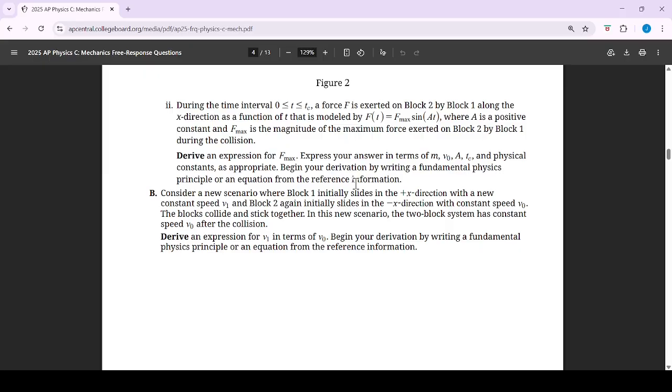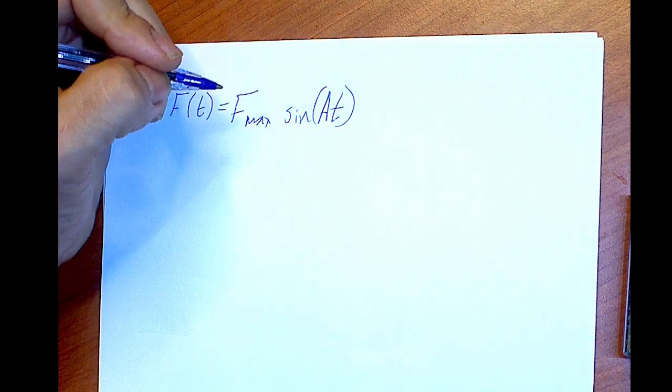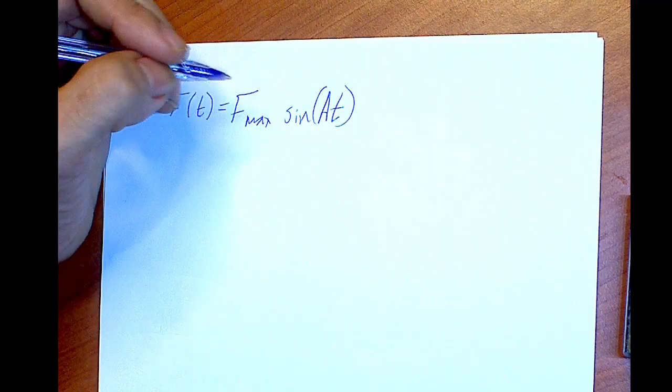I think the most important thing to do is to start off by figuring out what is even being asked. It gives us this equation that the force as a function of time is equal to F max sine of a t, where a is a constant.